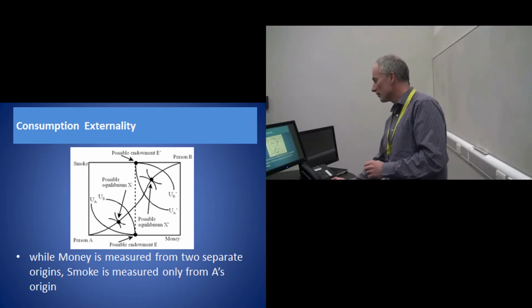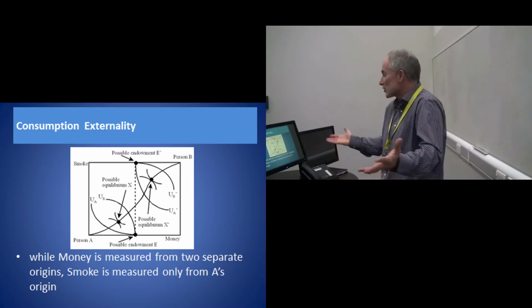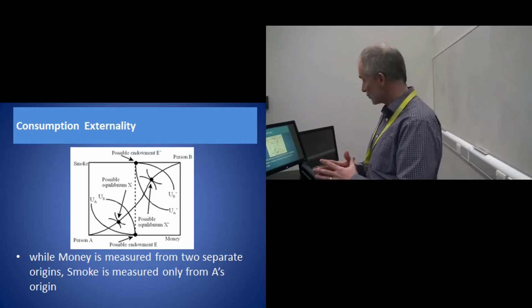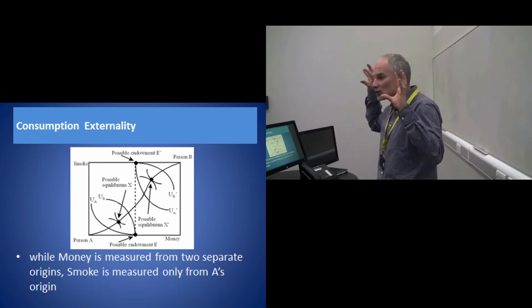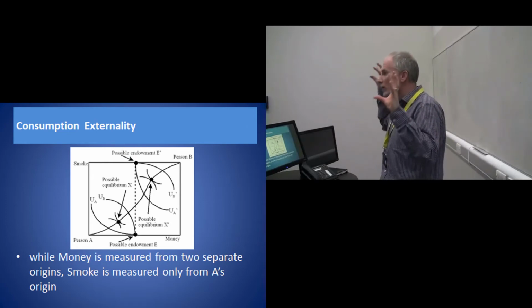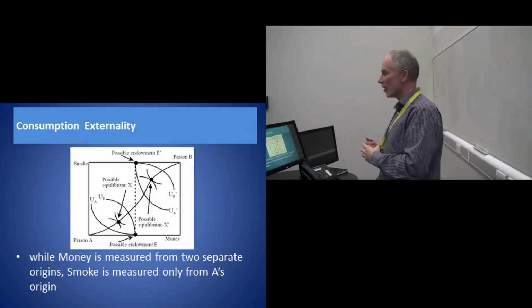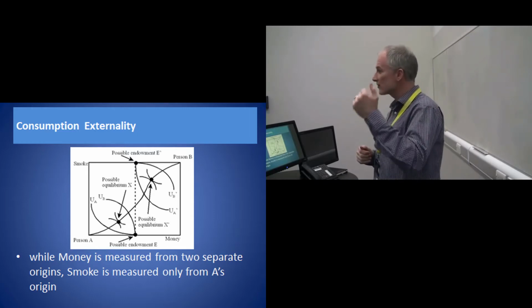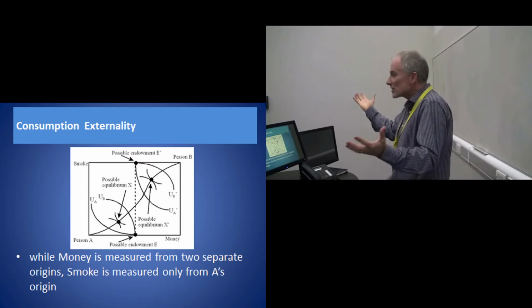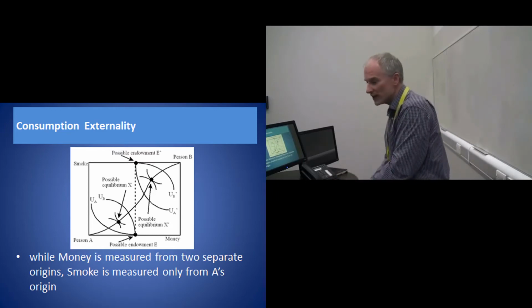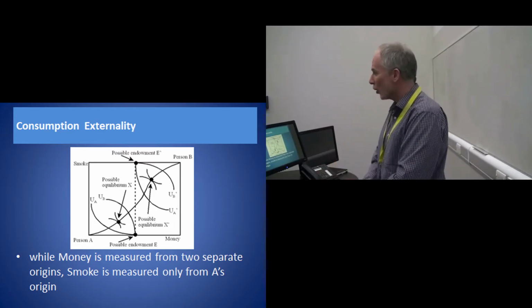And for person B, how far he is away from his origin reflects the amount of money he has also. And it makes perfect sense with money because there can be two tangible, different amounts of money. Person A can have some money, person B has some money. So it makes sense to measure each of these relative to their own origin.